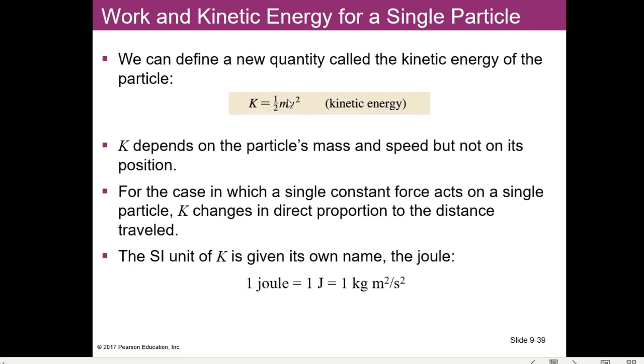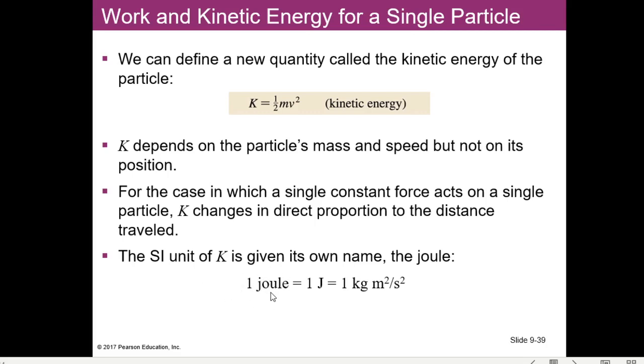Notice also that it depends on the square of the speed and only linearly on the mass. Also notice what the units of kinetic energy have to be. Like any kind of energy, they have the same units, obviously. Otherwise, you couldn't transform one into the other. It would be impossible if they didn't have the same units. We have a special name for the unit of energy.